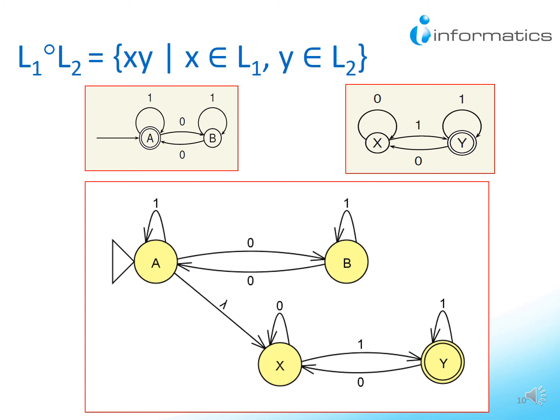When the second machine goes into the final state, we get a string that consists of the first part recognized by the first machine and the second part recognized by the second machine. In other words, we have a machine that accepts the concatenation of L1 and L2.